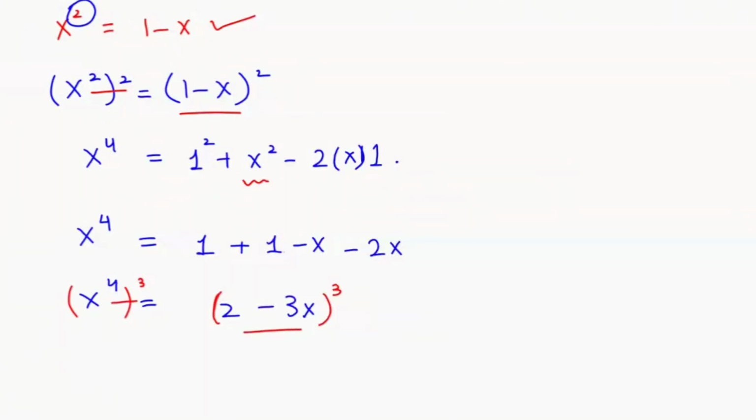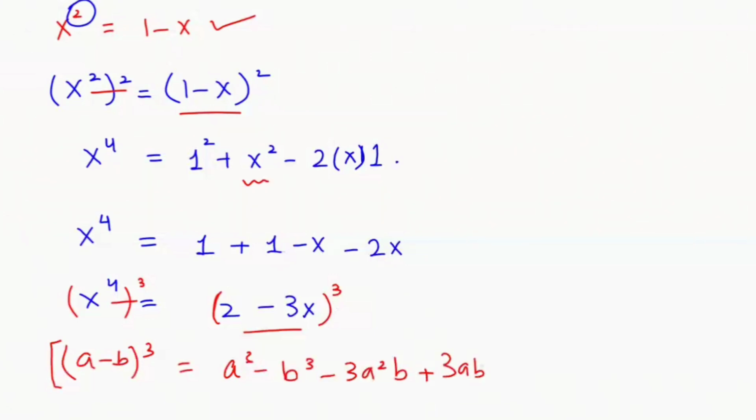Here I am going to apply the algebraic identity, that is (a minus b) whole to the power of 3 can be written as a cube minus b cube minus 3a squared times b plus 3ab squared. These are our a and b values.